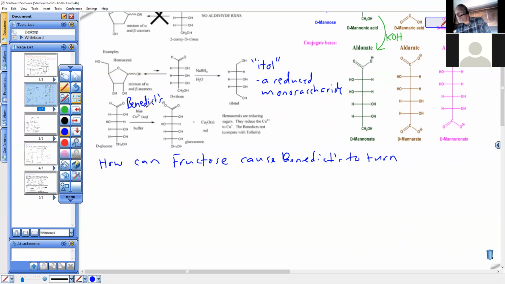Benedict's chemical is blue. It's a buffered solution of copper 2+ ion, which in aqueous solution is always blue. And it made a precipitate that was red. And it turned red. When fructose does not have an aldehyde? Great question. Teacher's favorite.